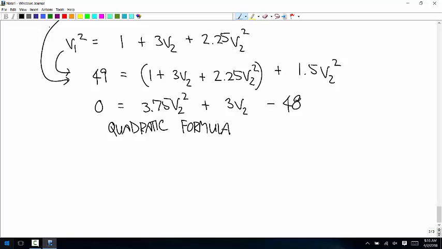Any of you have a TI-89 or an Inspire that solves that? So one of V2's solutions is going to be negative 4. And then the other one is what? Positive 3 point what?